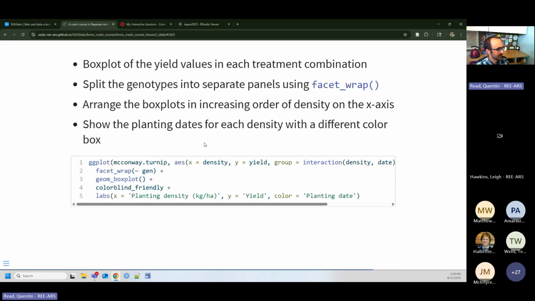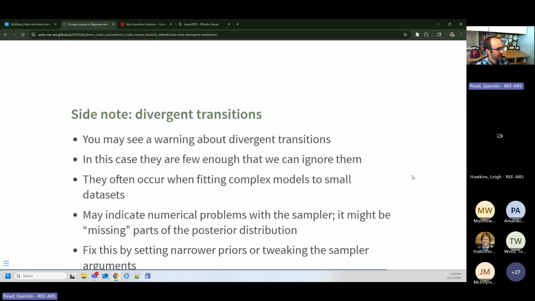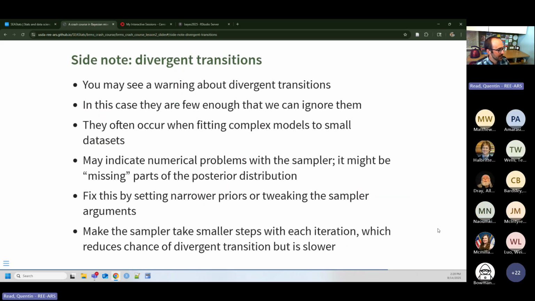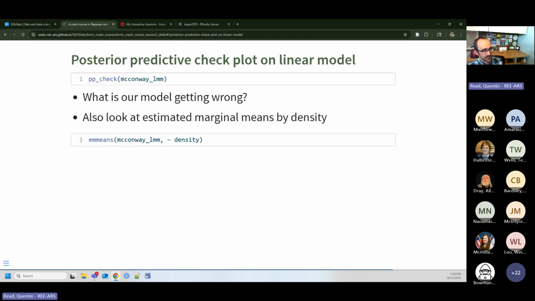Now, let's just say density is the treatment variable that we care about right now, and we'll ignore genotype and planting date at the moment.